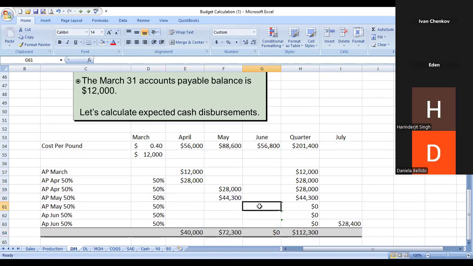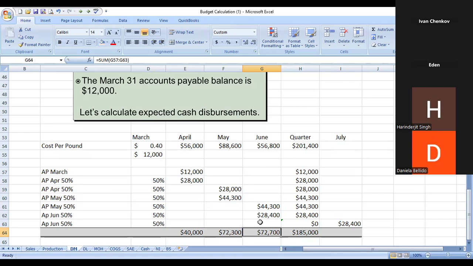How about in June? In June, first we're going to pay the 50% left from May, plus we're going to pay the 50% from June. In our total, we're going to pay $72,700.